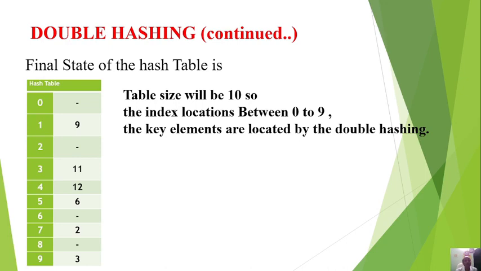So totally out of 8 elements we inserted only 6 elements. This is the final state of the hash table after the double hashing method. Here the table size is 10, so the index values run from 0 to 9 only. These are the key elements inserted in the hash table. So this is a simple example to explain double hashing.